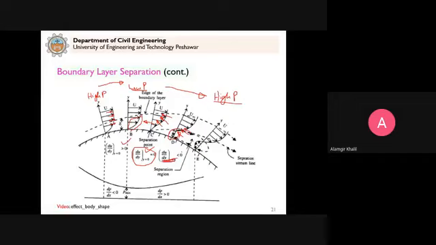du by dy is less than 0. You can see here, that's why this is adverse pressure gradient. So due to this adverse pressure gradient, it is pushing this velocity here. Now what will happen?